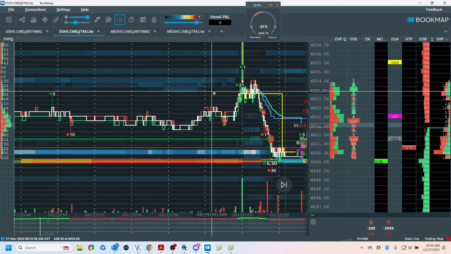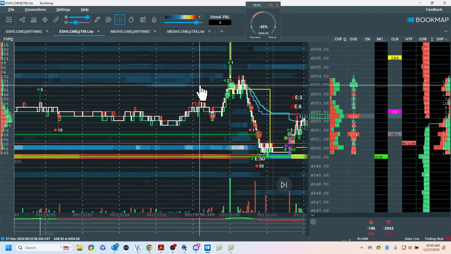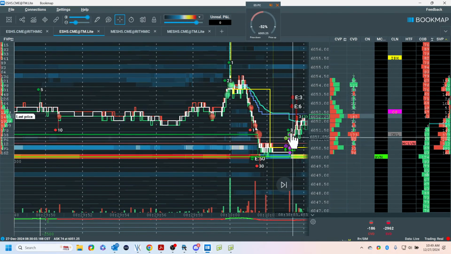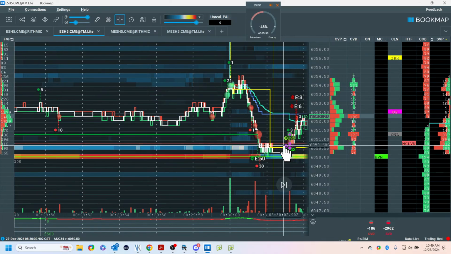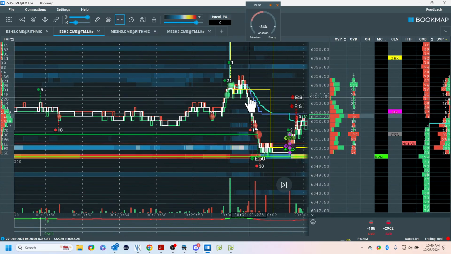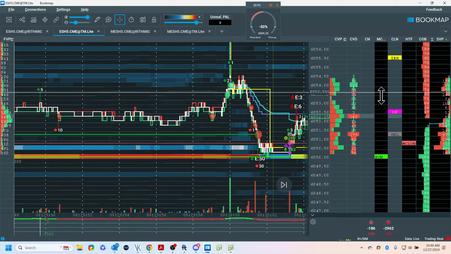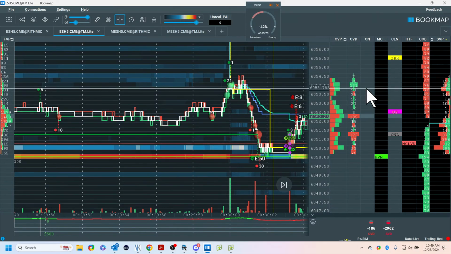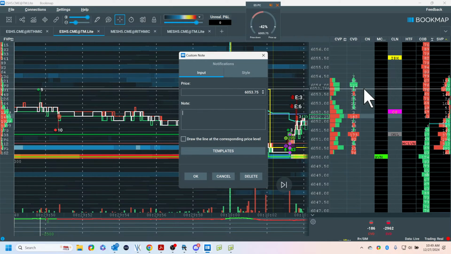So let's take a look here. This right here is a sweep, and this suggests an upside rotation. This is called a variable high volume node, and I'm going to label it. When I first started doing this, none of this existed, so I just sort of made it up.